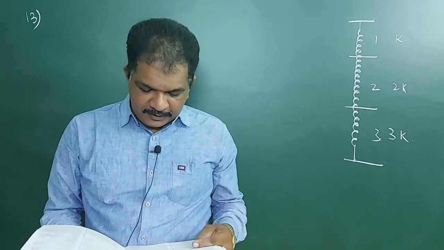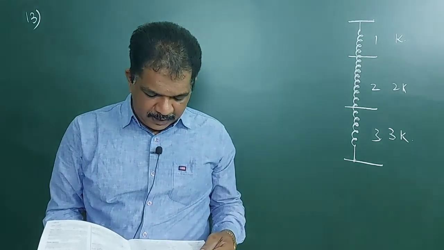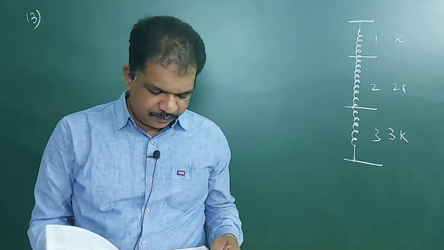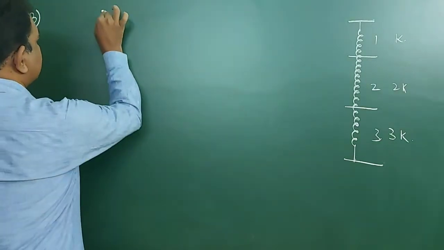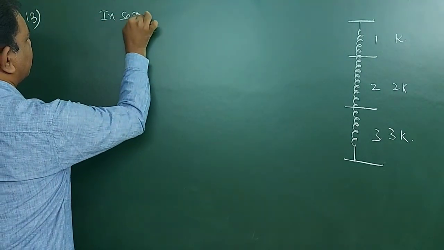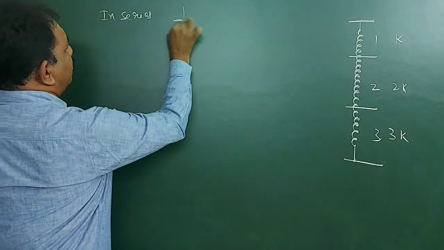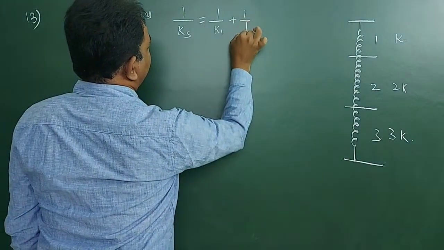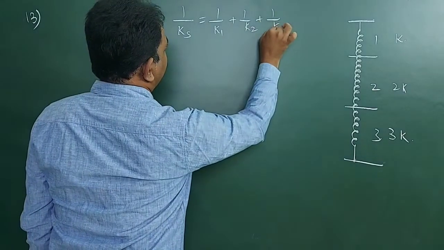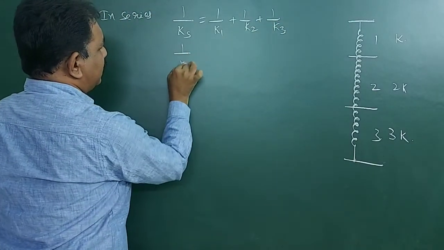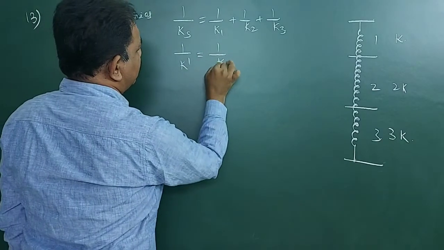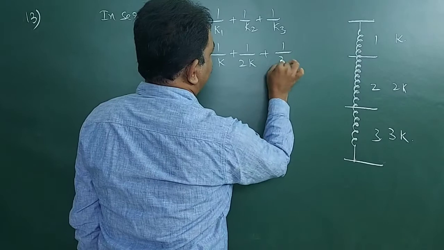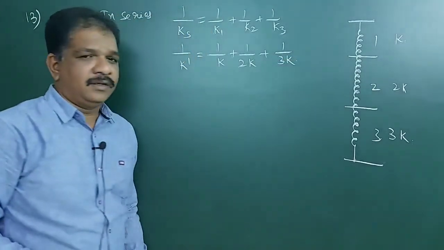All are connected in series, and all are connected in parallel. Effective spring constant will be what? So in series, 1 by Ks is equal to 1 by K1 plus 1 by K2 plus 1 by K3. So 1 by K dash is equal to 1 by k plus 1 by 2k plus 1 by 3k.